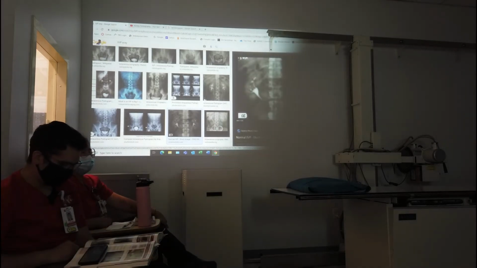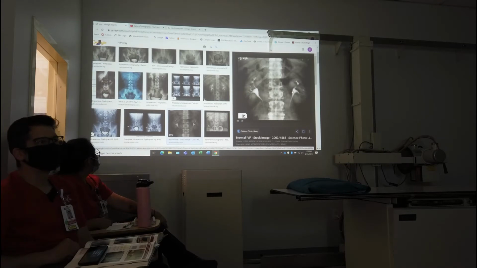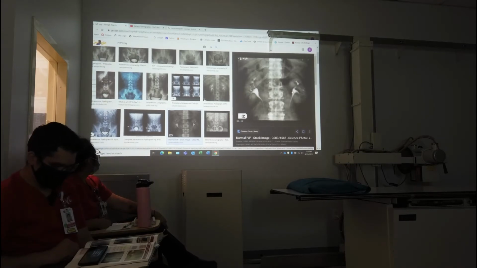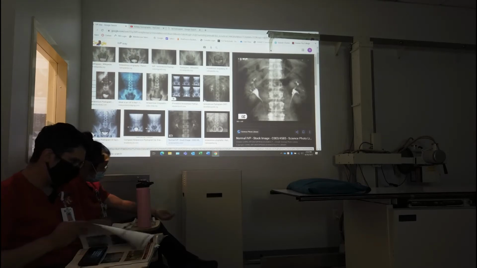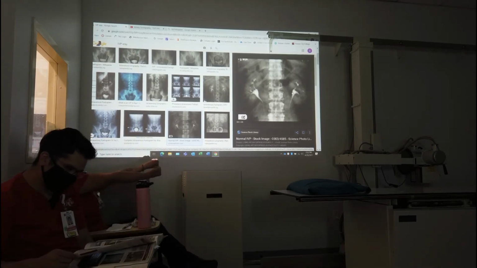But yeah, those are some of the common effects that people will see, and those are usually the things you will see listed on the informed consent. So you thoroughly explain the procedure to the patient, why we're doing this exam, and then you go over all the common side effects.